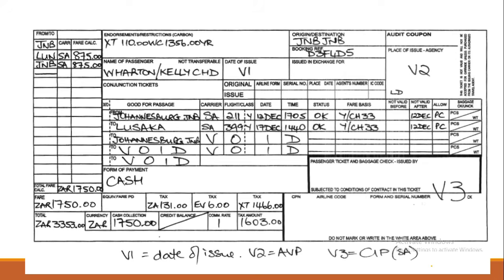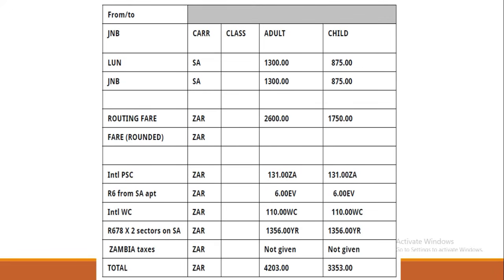So if we go back to the previous slide, you will be able to see that PSC is charged. You will be able to see how the taxes are calculated. So when we look at this section, here usually we have VAT, which is also written as ZV. The code for VAT is ZV, and then you have ZA for PSC. These two taxes will go into text box 1 and text box 2.